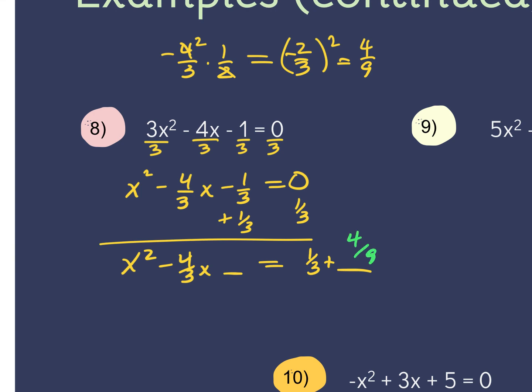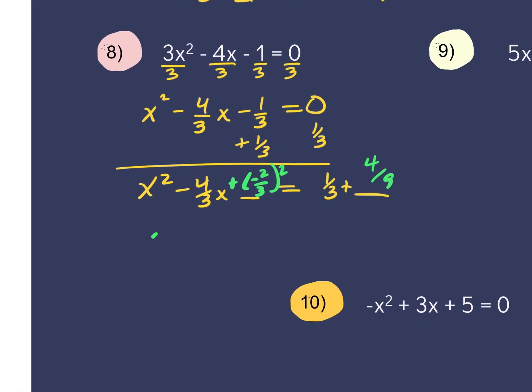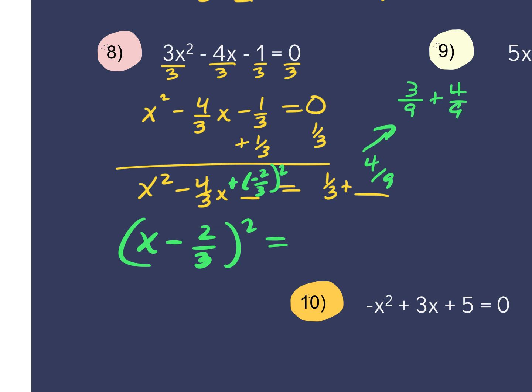And then here I put it in as the plus negative 2/3 squared, because when I go to factor it, I've already got the binomial squared. Now I need to find a common denominator. So I'm going to change the 1/3 into 3/9. Add it to the 4/9. 7/9. Square root both sides.